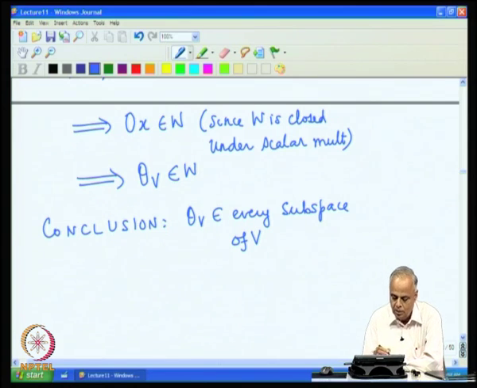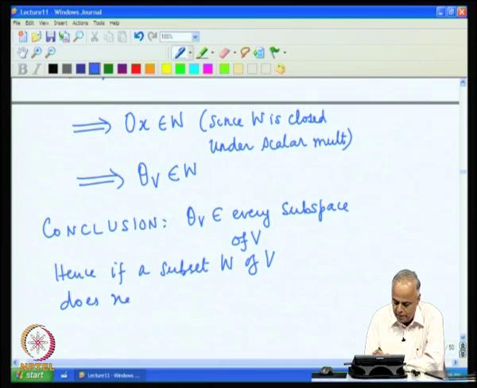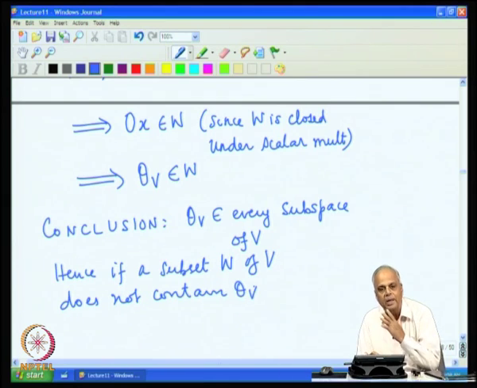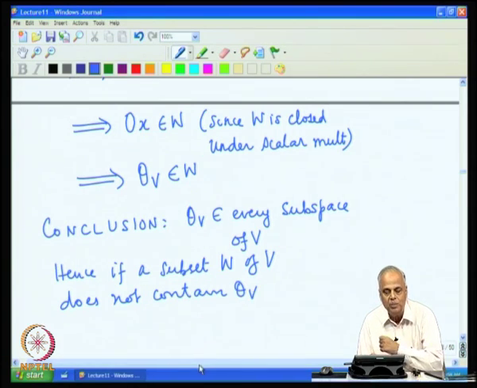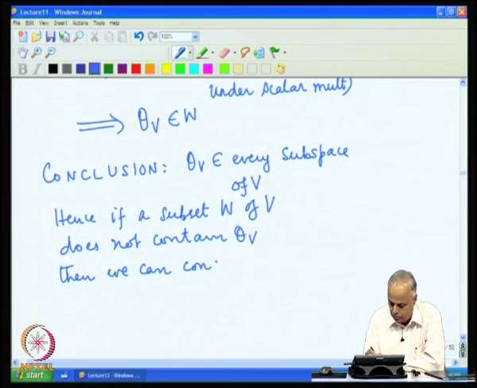And hence, if a subset W of V does not contain the 0 vector, it automatically fails to be a subspace, because we have just seen that every subspace must contain the 0 vector. Since it does not contain the 0 vector, we can conclude W is not a subspace.